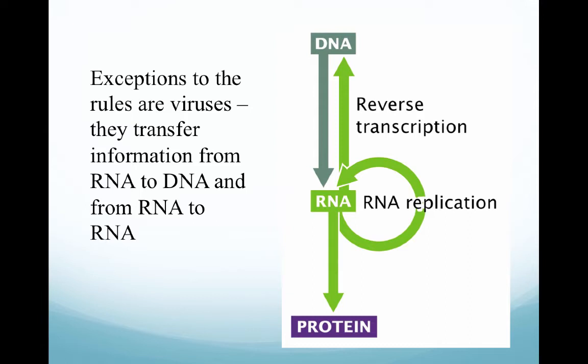Viruses are a completely different bag. They have the ability to transfer information from RNA to DNA, which is completely different than anything else we deal with. Viruses can also transfer information from RNA back into RNA. That's what can make them so dangerous, because they can replicate so quickly inside a host cell.